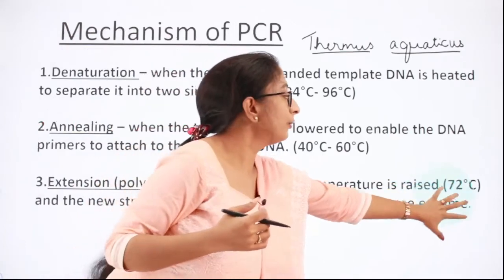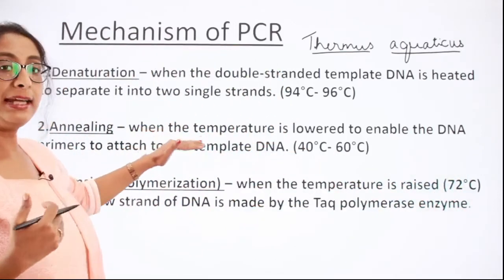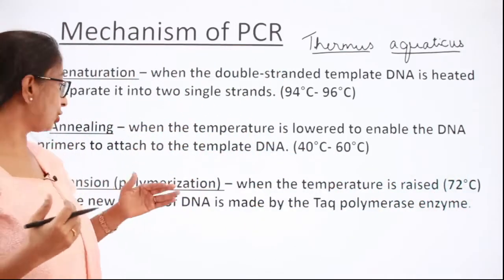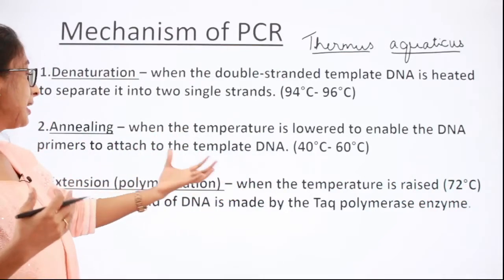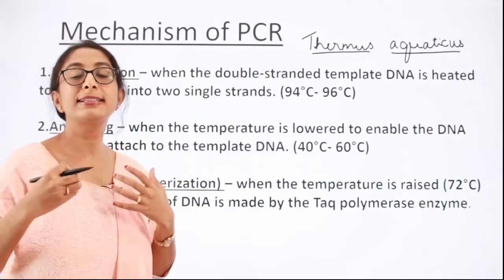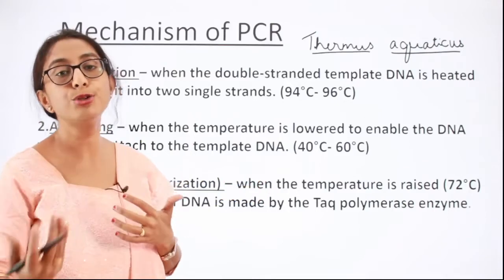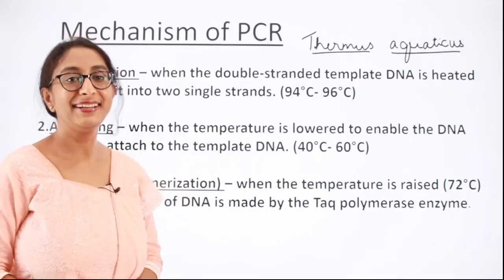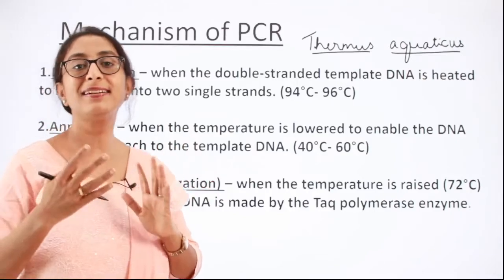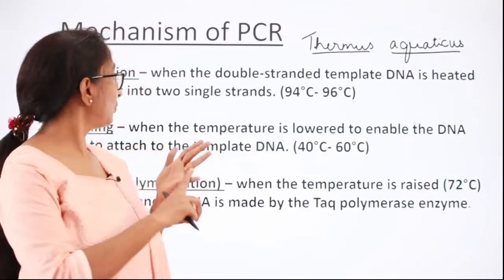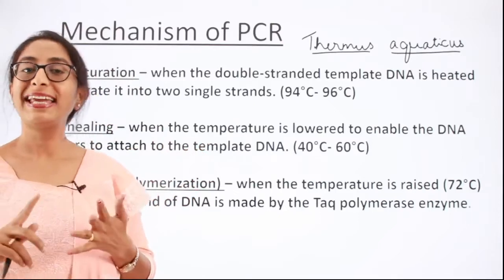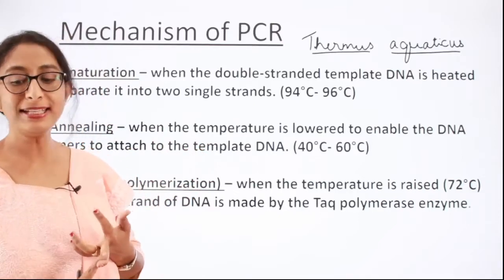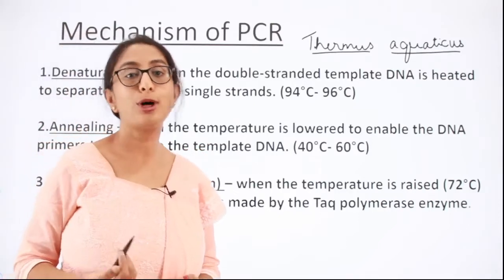So after the step of annealing, we increase the temperature to 72 degrees Celsius so that the DNA polymerase can start synthesizing a new strand of DNA complementary to the existing template strand. Did you follow the 3 steps of PCR? First is denaturation, second is annealing, and the third is extension or polymerization.